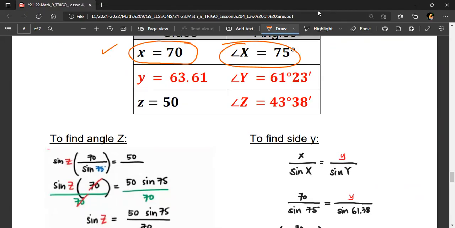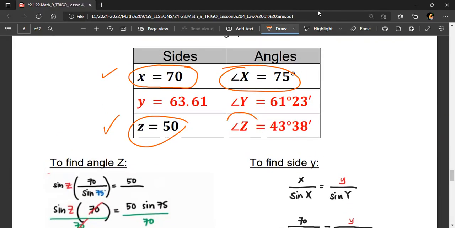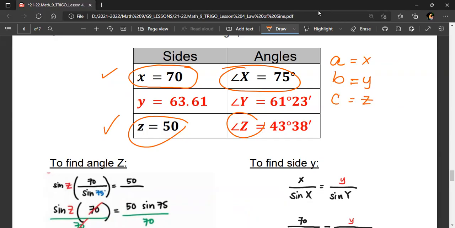However, for side Z, only the side is given and there is no angle Z. And in this manner, you can come up with the relationship of sine law, where we change letter A into letter X, we change letter B into letter Y, and we change letter C into letter Z to come up with the sine law.